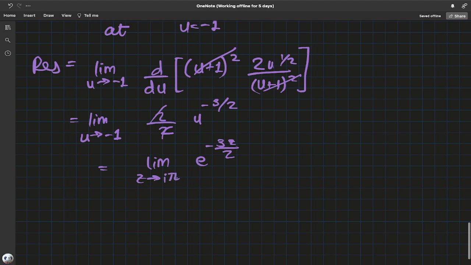So you plug in i pi here, and we have as the residue e raised to negative 3i pi over 2, which if you do your trigonometry, use Euler's formula, cosine of the angle plus i sine of the angle, you get negative i.